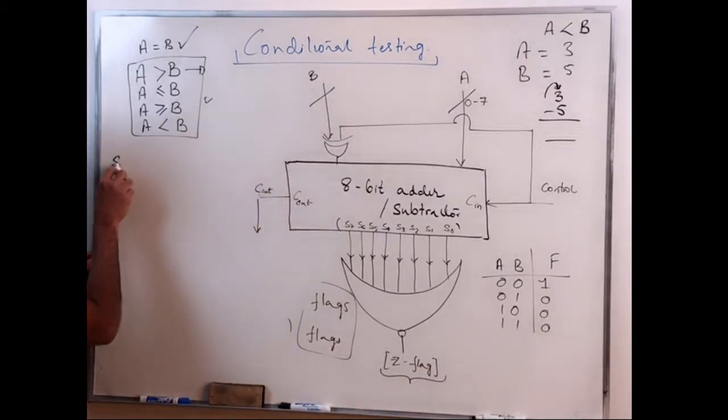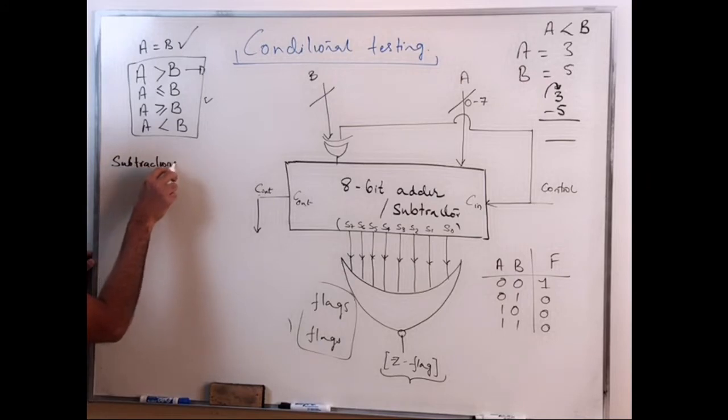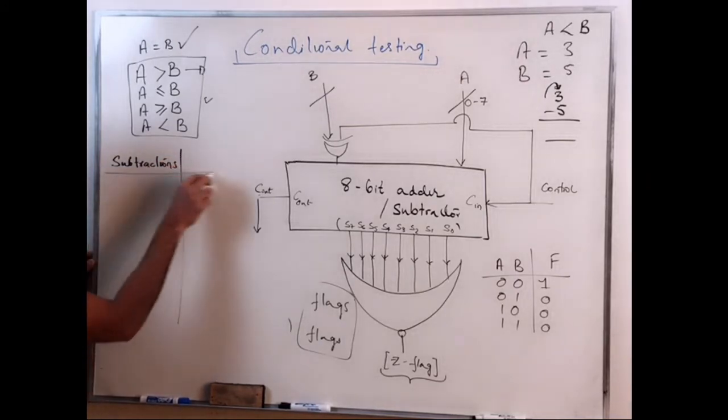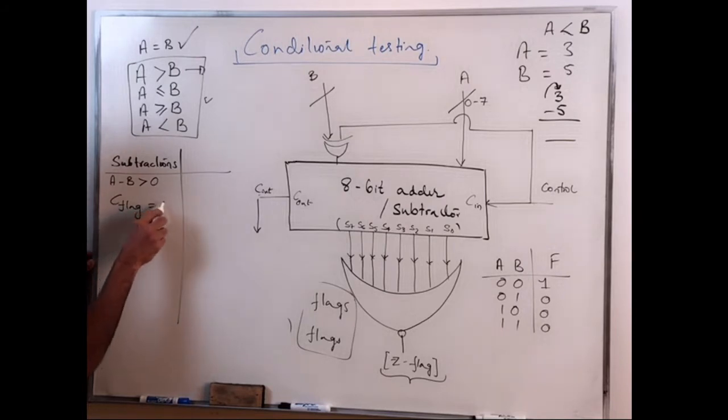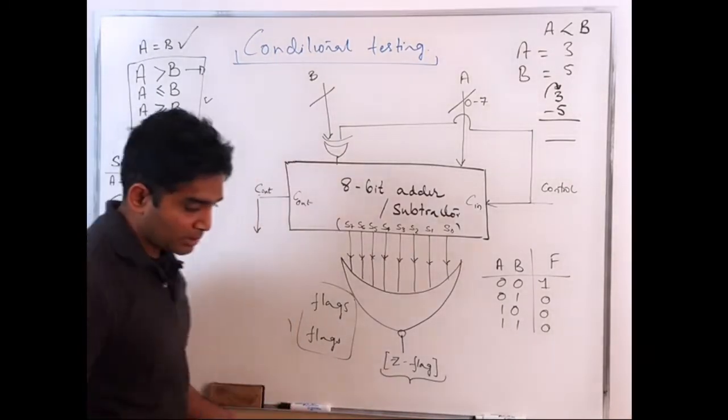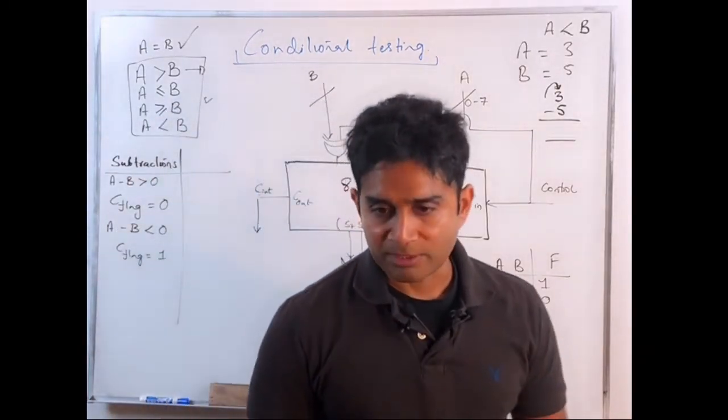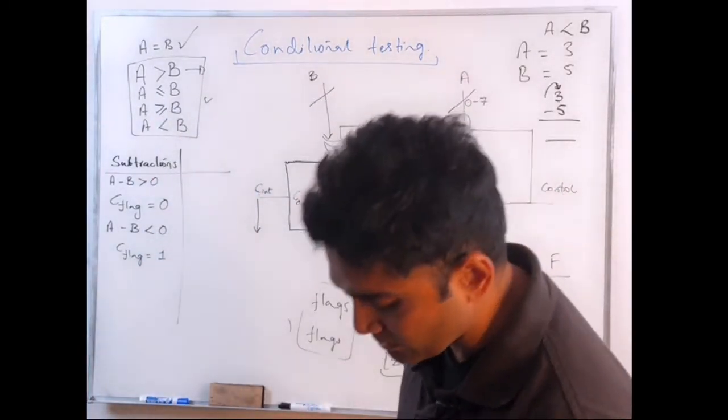So I'm doing the subtractions. If A minus B is larger than 0, my C flag should be 0 because I don't have to borrow. If A minus B is less than 0, then my C flag should be set because I have to borrow from an imaginary borrow. My C flag should be set.